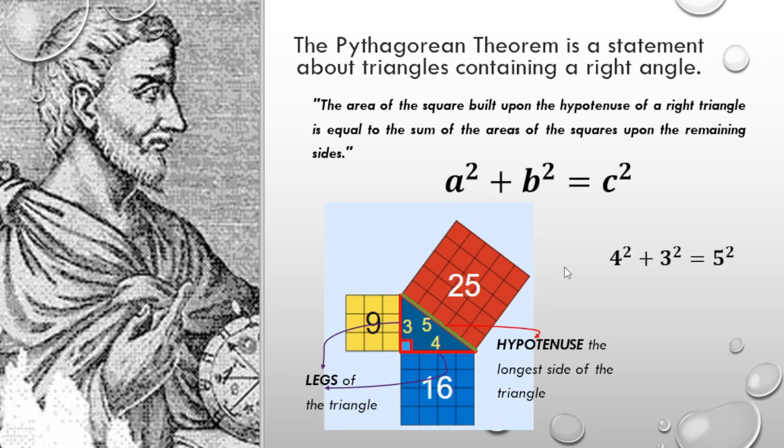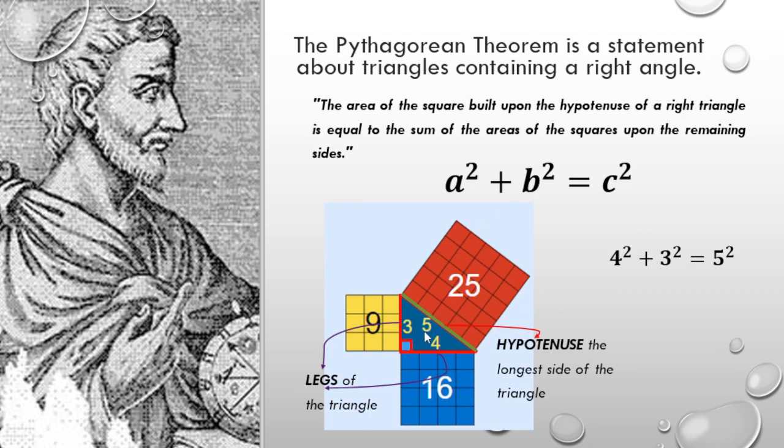As we substitute the values of the sides of the triangle, our a is 4, so that becomes 4 squared. Our b is 3, so that becomes 3 squared.